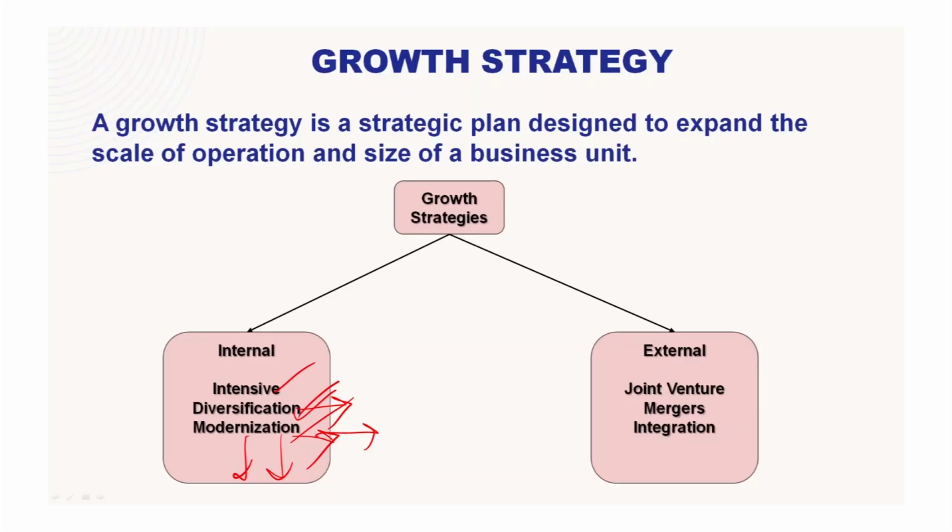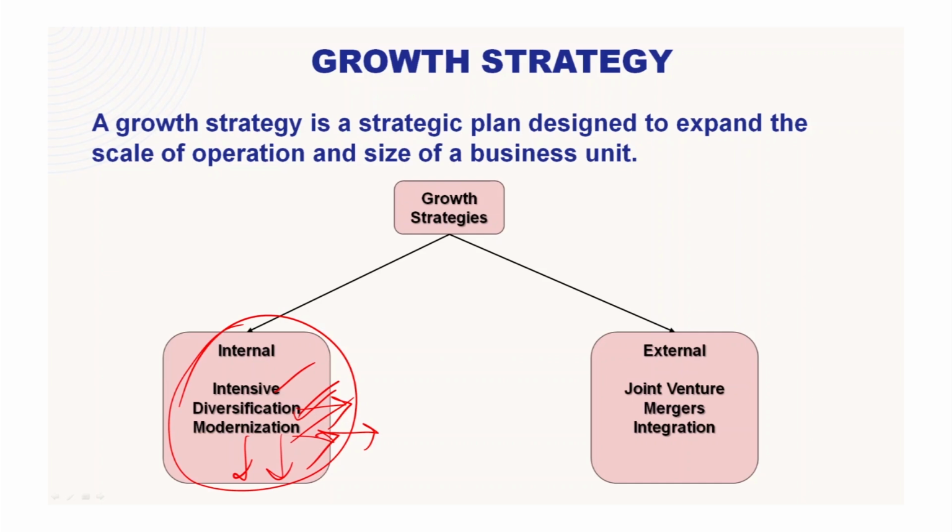If in the future they use drones as a delivery medium, what will happen ultimately? Their overall cost of operation will be lower. They will manage the business more efficiently. The performance and quality will be increased. So these are some of the internal things that we have discussed.